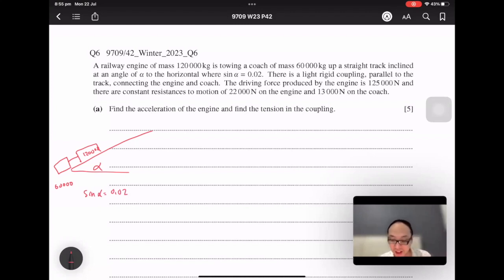There is a light rigid coupling parallel to the track, connecting the engine and coach.